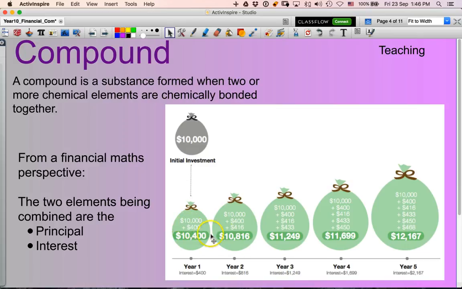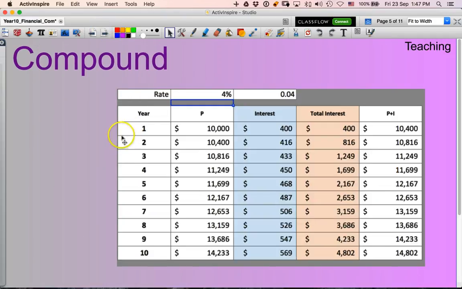I'm earning more and more interest year after year. Now, I actually put this into a spreadsheet. It's on the next page. I've just copied this across. And what you'll notice, the principal has gone from 10,000 to 10,400, 10,816, and so on and so forth.